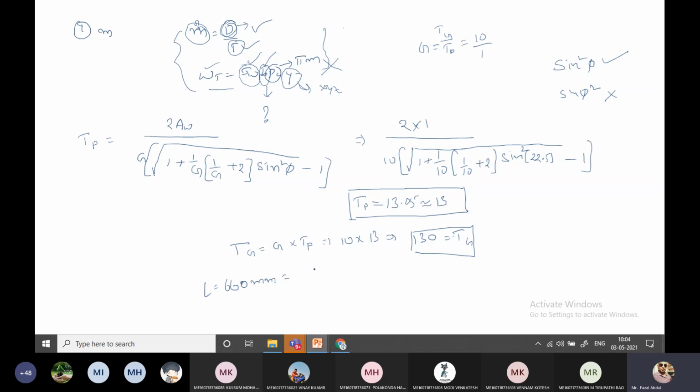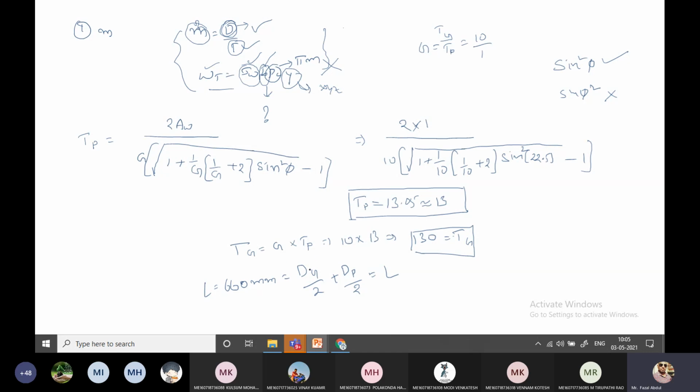Note down, capital L is nothing but the center distance between the gear wheels. The equation is dg by 2 plus dp by 2. With this relation we can calculate the d value.